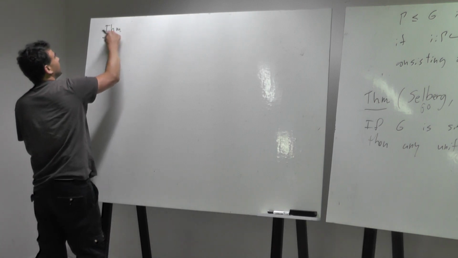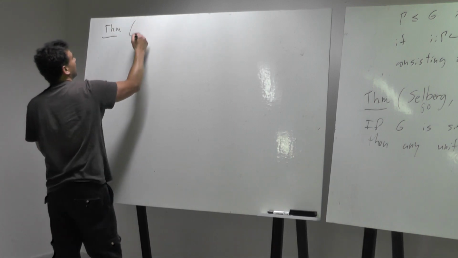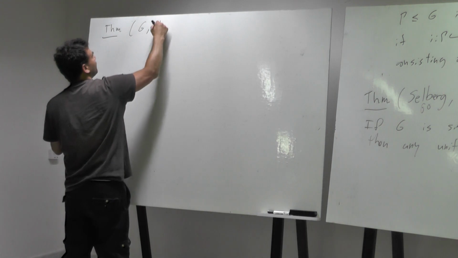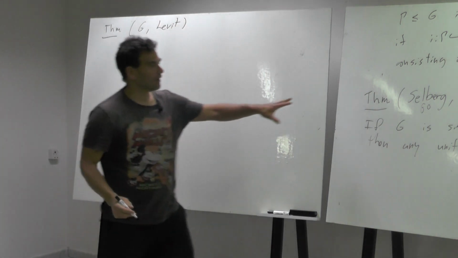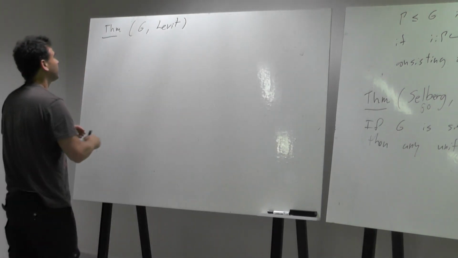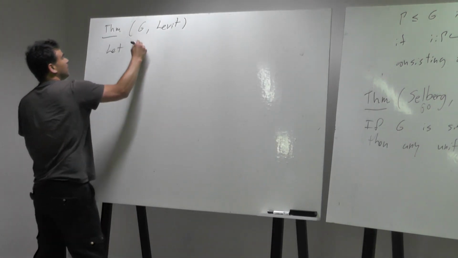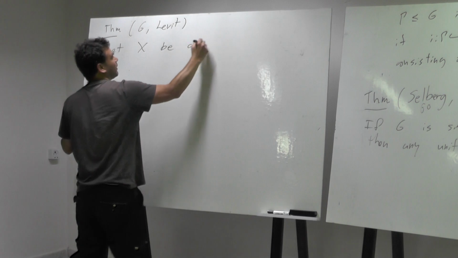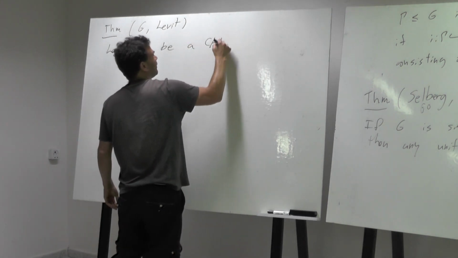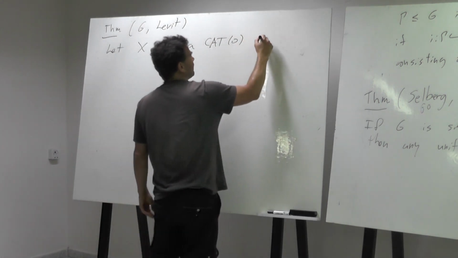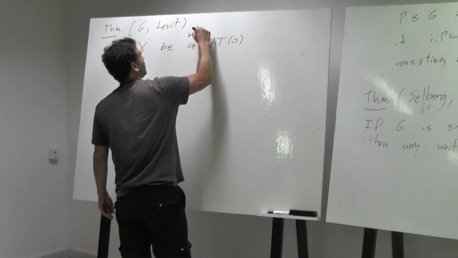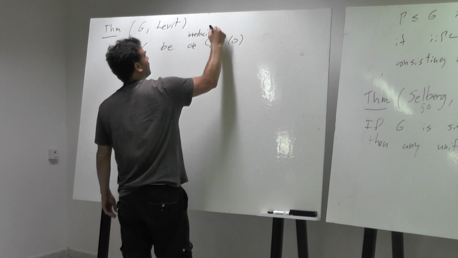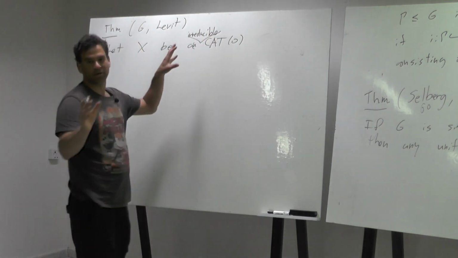It's a theorem that Ariel Levit and myself recently proved. We show that H2 is the most interesting case. So let X be an irreducible CAT(0) space, so you cannot write it as a direct product.